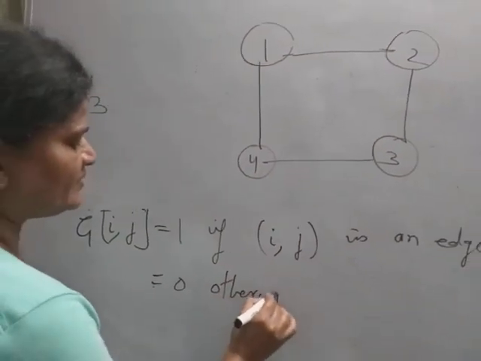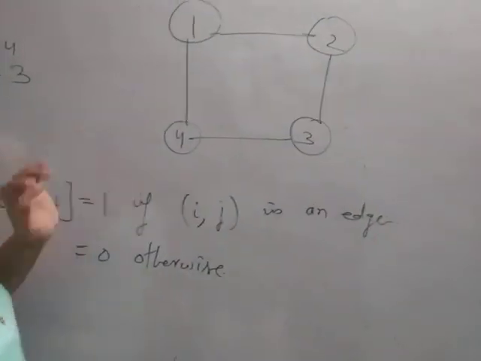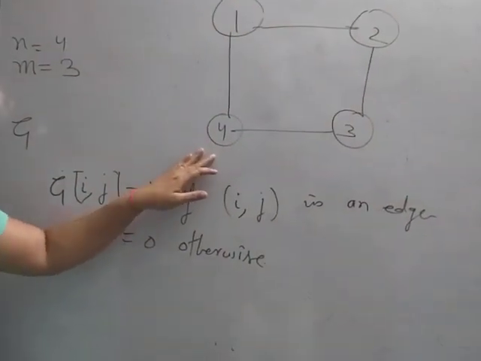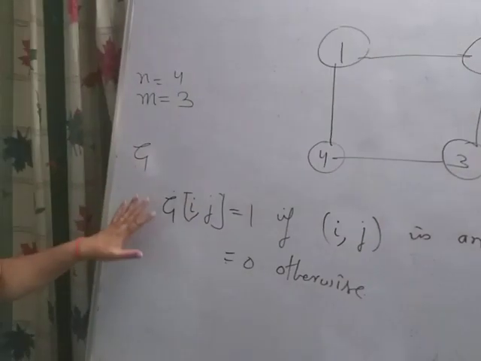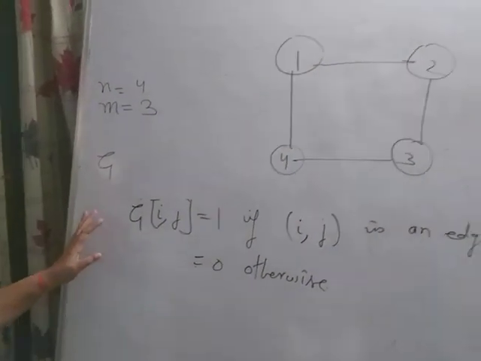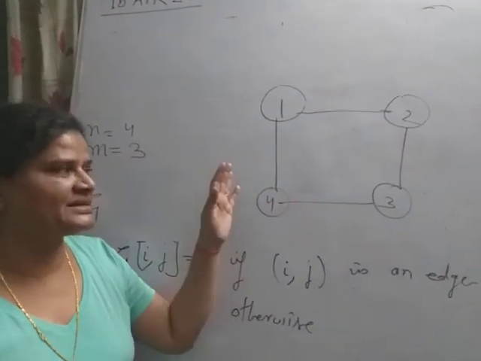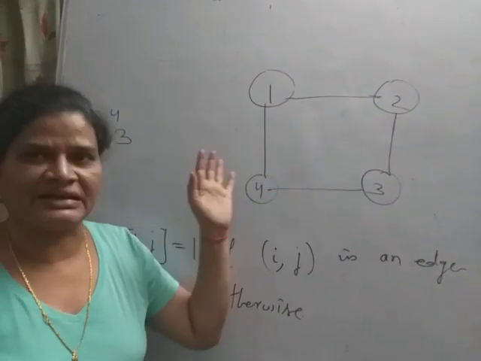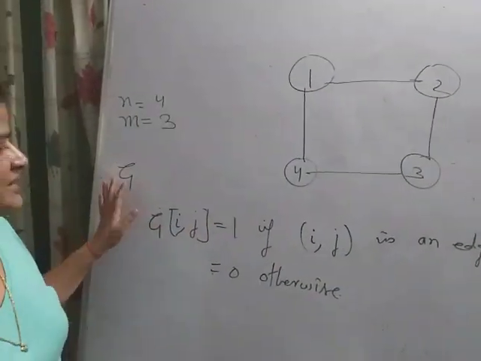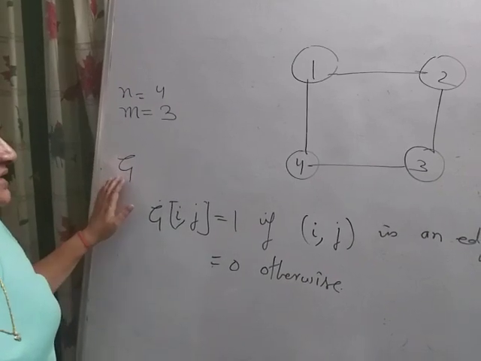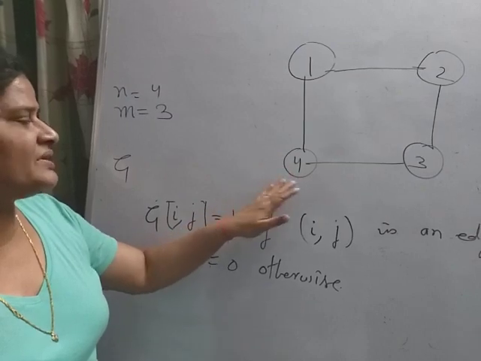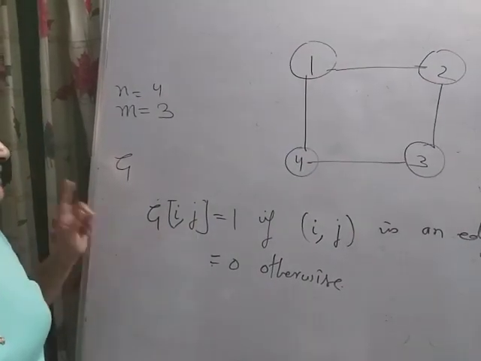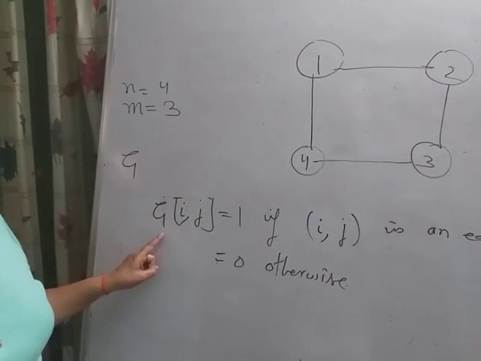For the graph coloring problem, you can take any type of graph. There is no compulsion that the graph is weighted. This algorithm will work for every type of graph, whether the graph is directed, undirected, weighted, connected, or disconnected. So simply the graph is given and we store this graph in an adjacency matrix. The name of the adjacency matrix is G.